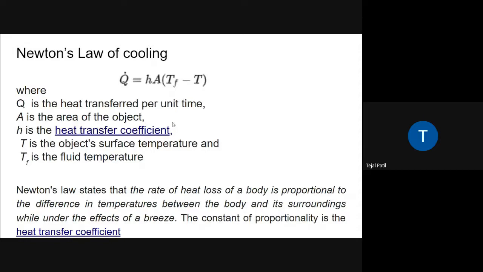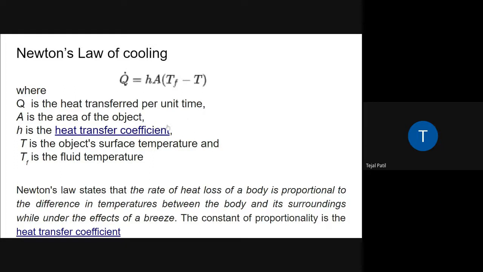Let's say we have a fluid, say water, and we have an object, a hot metal ball. If we put it inside that water, the convection process will start.